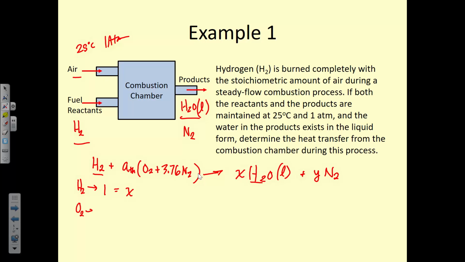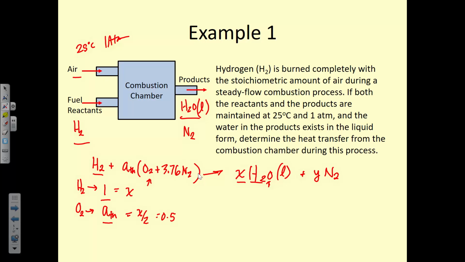If we look at oxygen, we have A theoretical on this side of the equation, and on the other side of the equation we have X over 2, because this is monatomic oxygen, whereas this is diatomic oxygen. So the theoretical value of air is going to be equal to X over 2, so it's 0.5, since X is 1.